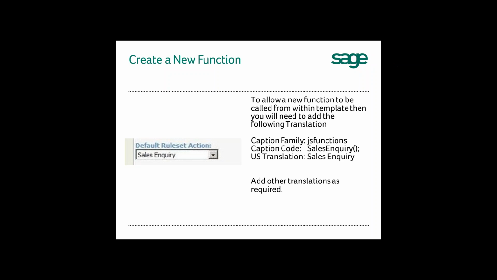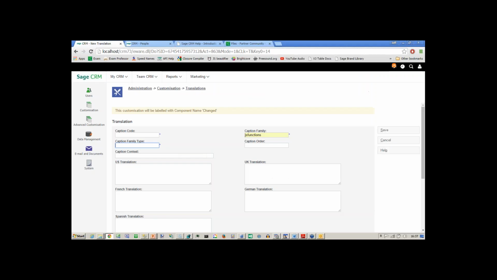Now, I'll ultimately be calling, when I create my brand new item, something called sales inquiry. So I'll actually say sales inquiry, and I'll make sure that it's addressed as a complete statement. So sales inquiry, open closing brackets, so the calling of the method, semicolon, indicating the end of the statement.